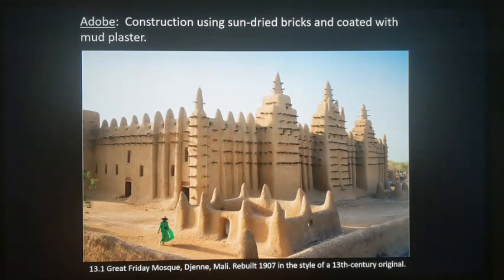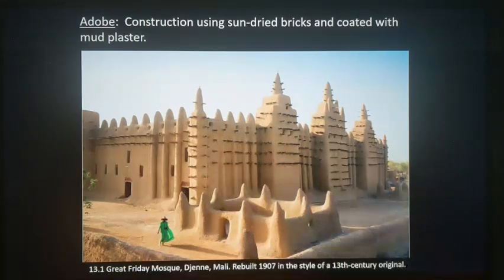So you might want to make the argument that this is a skeleton and skin system because you have another material here, but the main structural support of the building is being composed of the adobe bricks. So that's where we're getting the one material here.